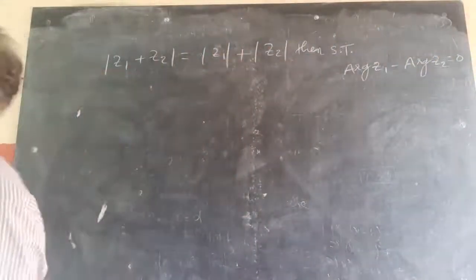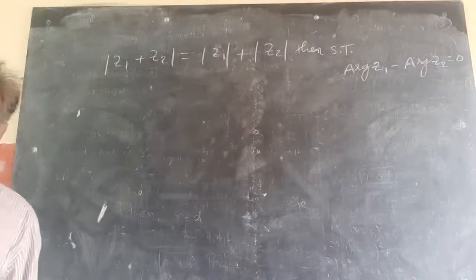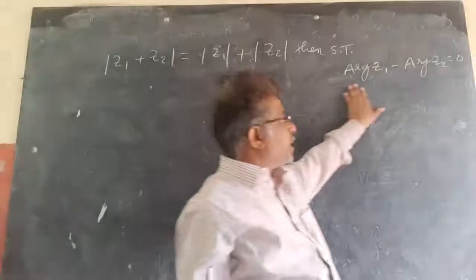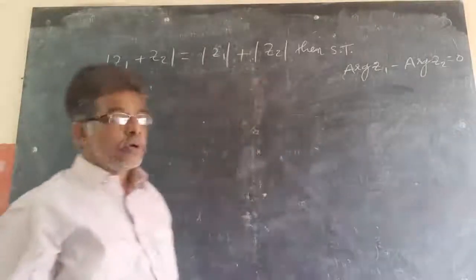If modulus of Z1 plus Z2 equal to mod Z1 plus mod Z2, then show that arg Z1 minus arg Z2 equal to 0. Very simple.